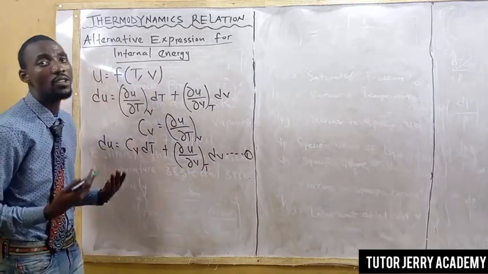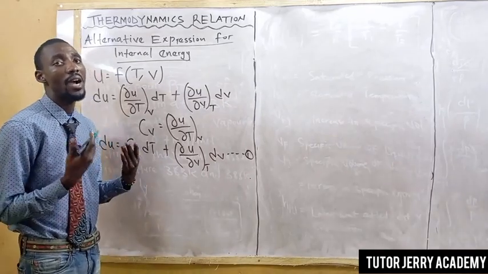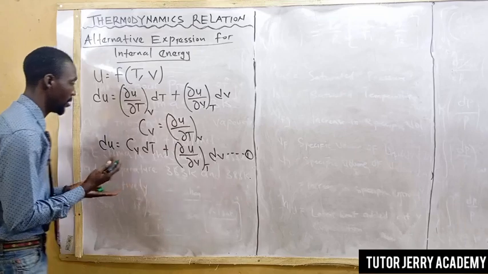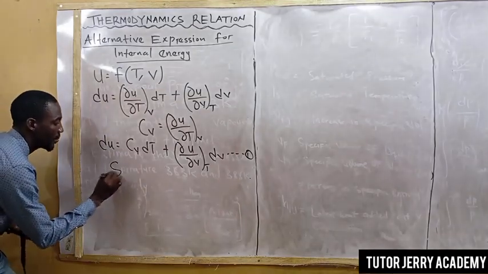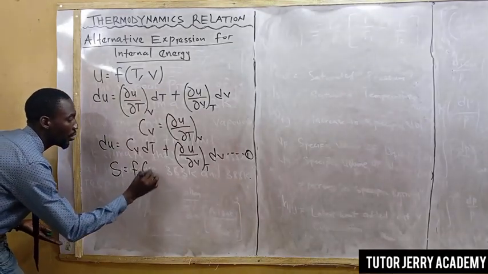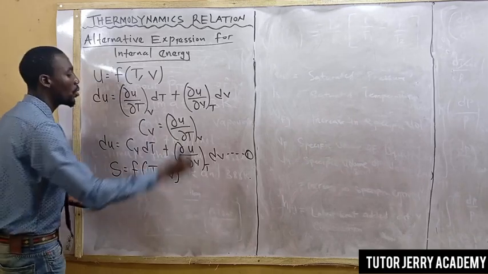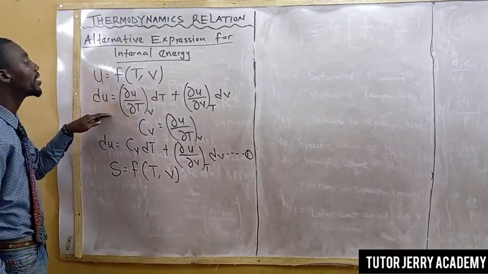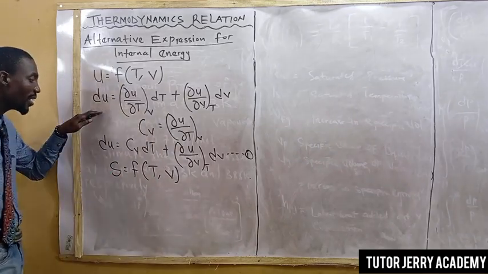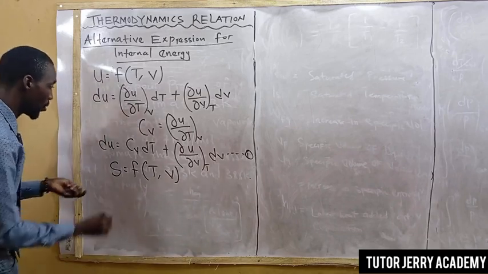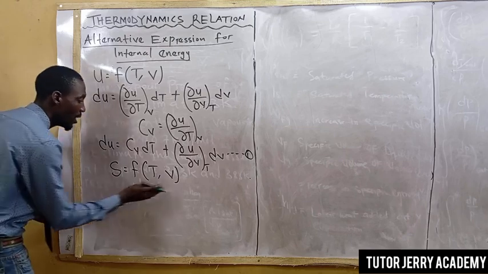All right. We also know that our entropy, noted by S, is also a function of temperature and volume. So now from here as well, we'll be applying this exact approach, that is, we are taking the differential of this.